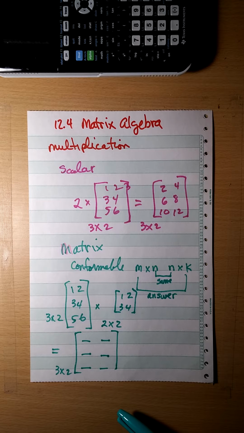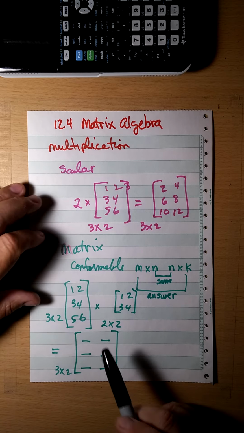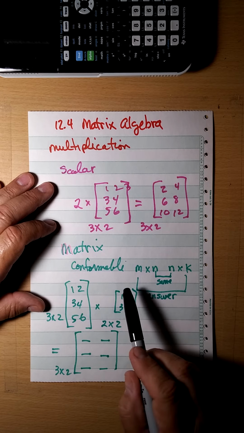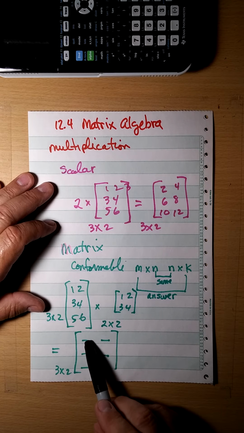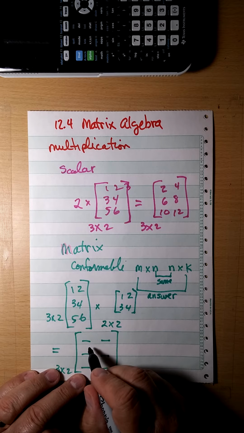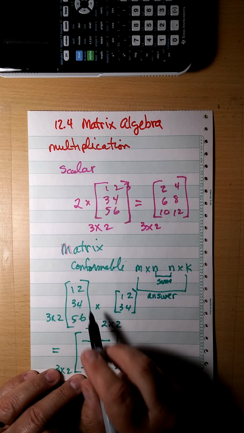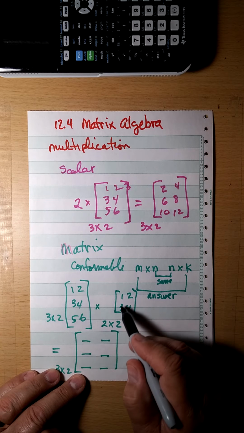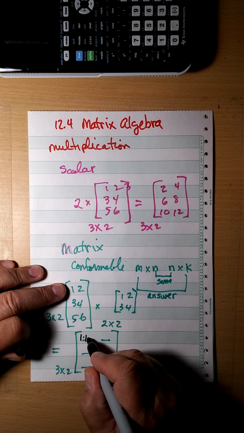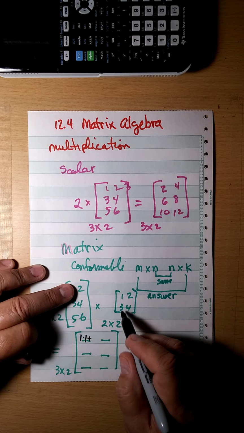So how do you multiply matrices? It's important here to recognize what this dimension for your answer really means. You're going to fill in this first row, first column entry. And in order to get that, you use the first row and the first column: 1 times 1 plus 2 times 3.